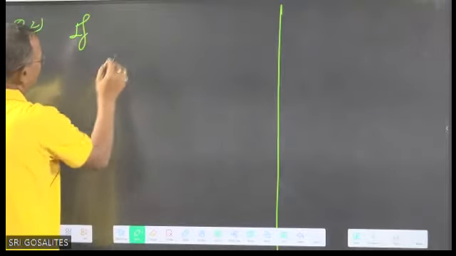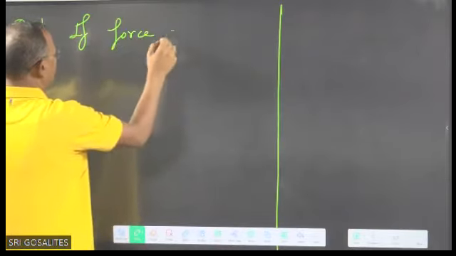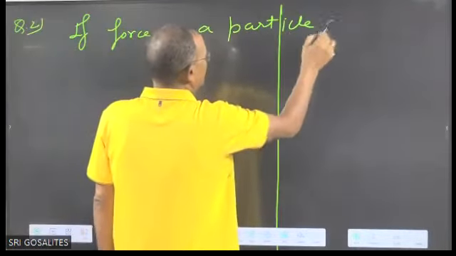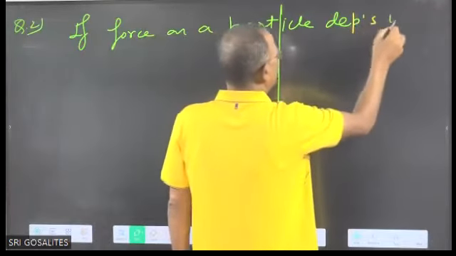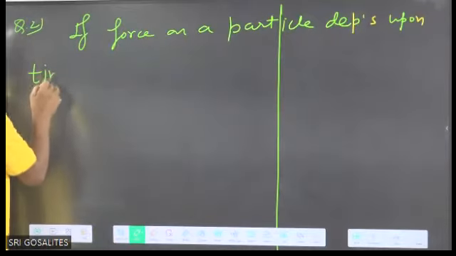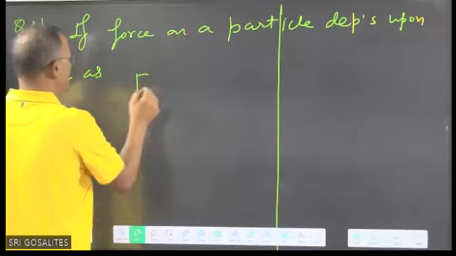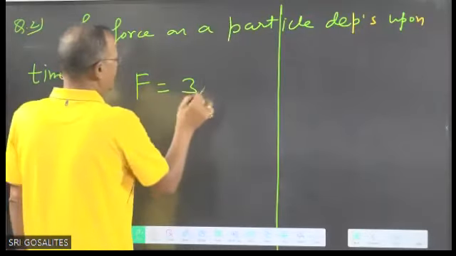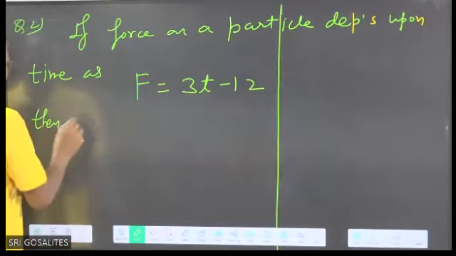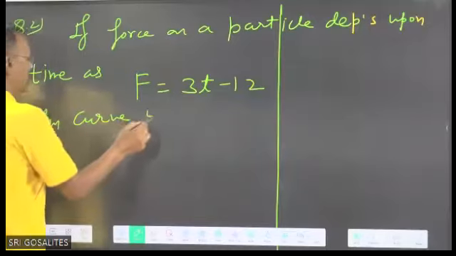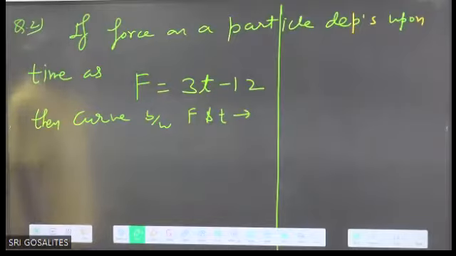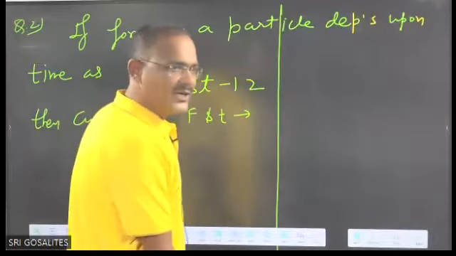If force on a particle depends upon time as F equal to 3t minus 12, then plot the curve between F and T. हमें अभी F और T के बीच का कर्व बनाना है. Okay.